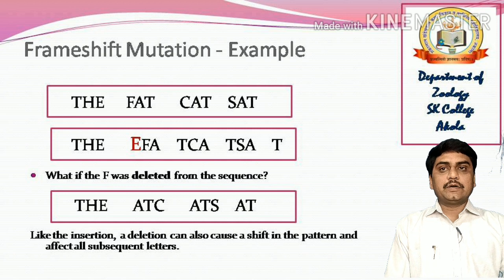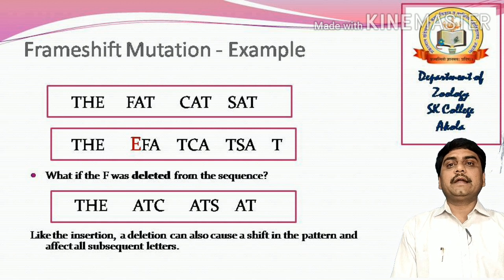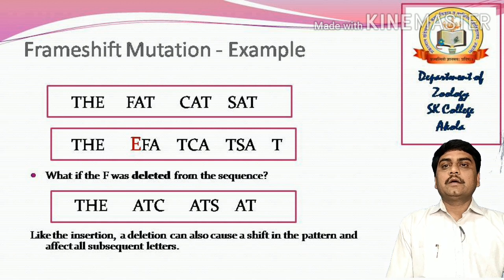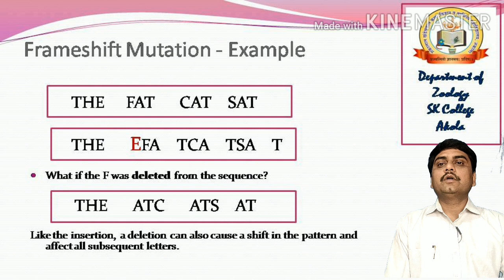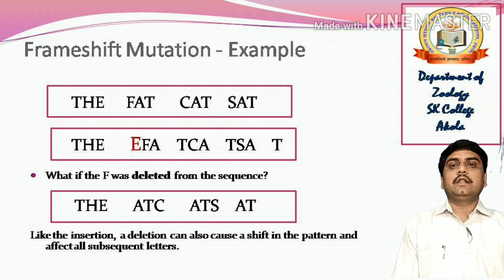On the screen you are able to see, say we have a letter sequence of THE, FAT, CAT and SAT. If one letter, similar to one nucleotide, like an extra E is inserted in this particular sequence, we would get the following sequence, sequence number 2: THE, EFA, TCA, TSA and T single.